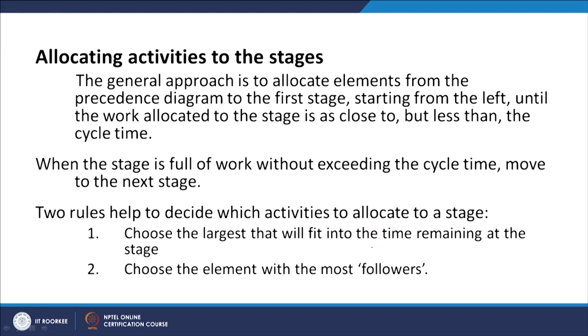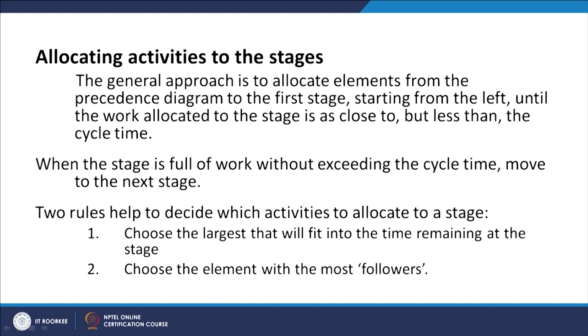As far as the allocation of the activities to the different stations is concerned, the general approach is to allocate the elements from the precedence diagram to the first stage, starting from the left side activities, until the work allocated to the stage is as close to but not more than the cycle time.